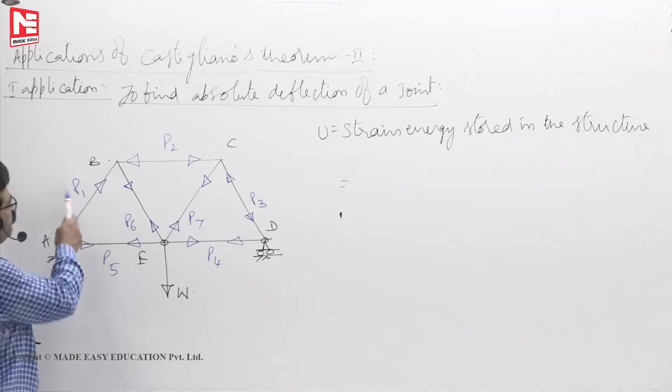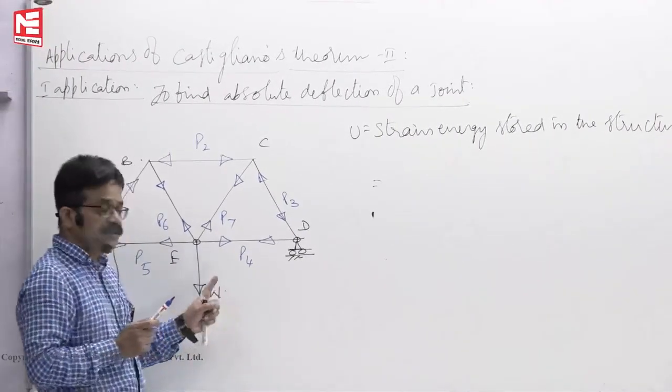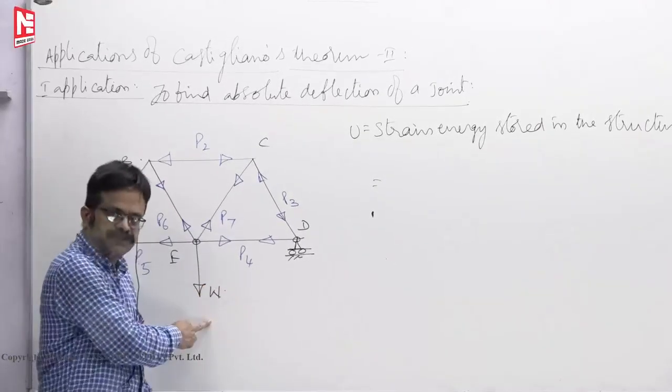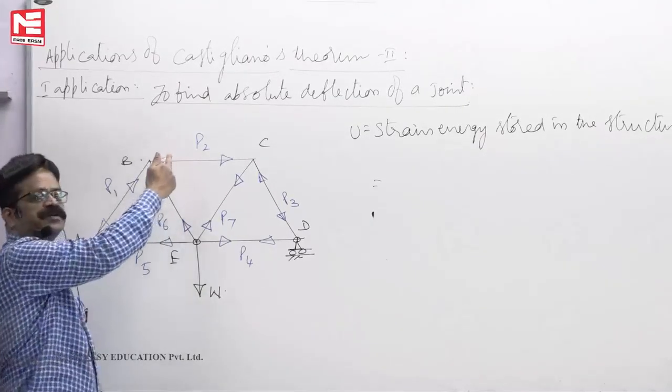Now this P1 means, as the applied load W is gradually applied, as the load varies from 0 to W, forces in the members will vary from 0 to P1, 0 to P2, like that.